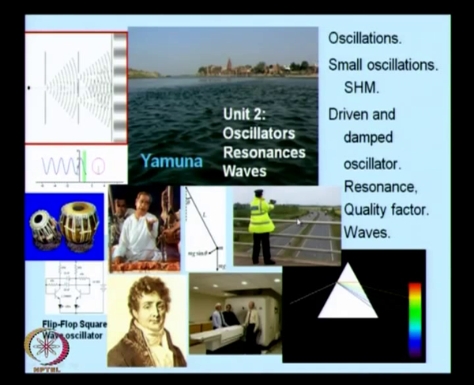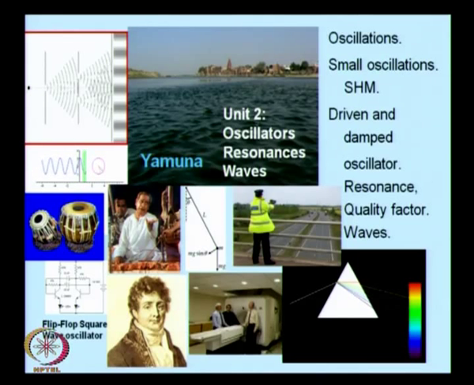Light properties are described in terms of oscillations, and this is the picture of a traffic policeman who is using a speed gun, and what he is doing is monitoring the speed of oncoming traffic to check if they are traveling at the speed limits or lower than speed limits. He is always delighted when they are driving faster so that he can charge them. But this also again is based on the principles of oscillations.